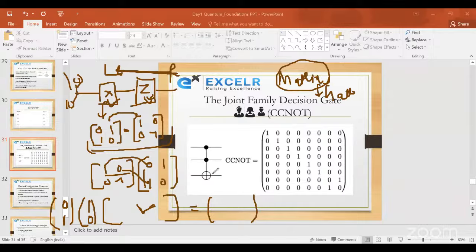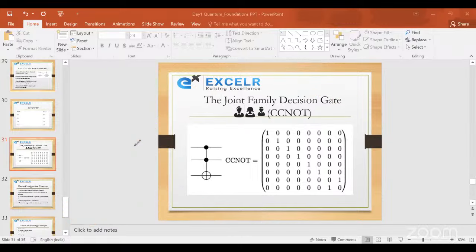So now coming to the parallel connection.